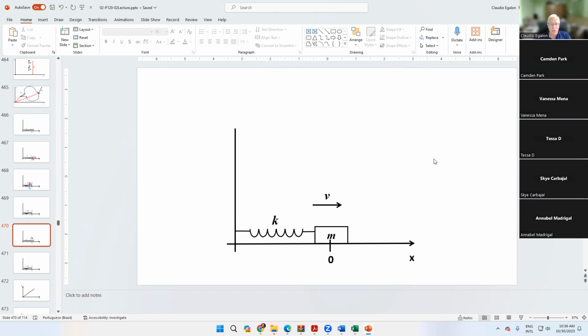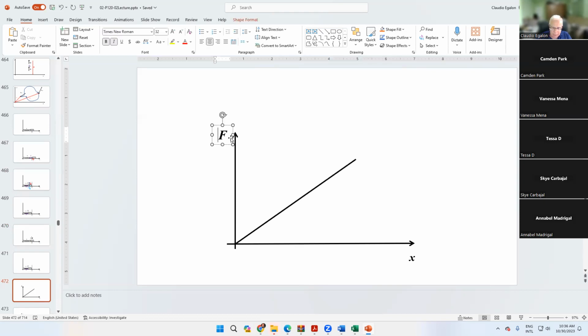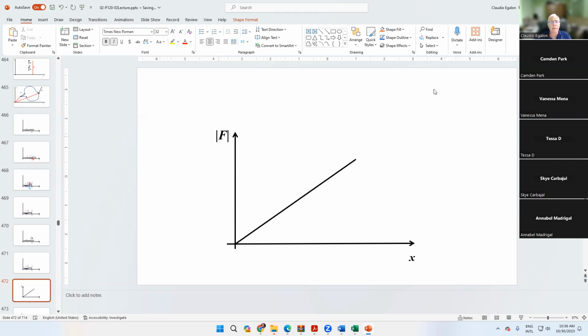And then it's going to overshoot this position. Try to visualize that. But let's take a look. When we plot F against x, don't forget I'm doing here the magnitude.